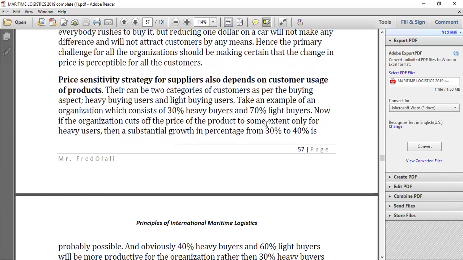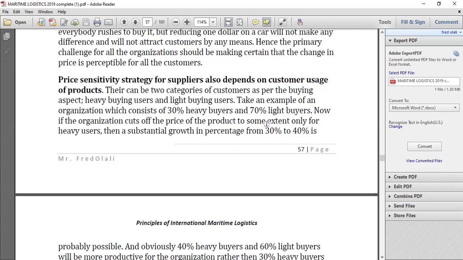Then price sensitivity strategy for suppliers also depends on the customer's usage of a product. The way you use a product can also dictate how the supplier charges for that particular product. Some suppliers, if they see that their product is in demand, then increase the prices. But if they see their product is in least demand, they can tend to reduce the prices. So there can also be two types of customers as per the buying aspect: heavy buying users and light buying users.